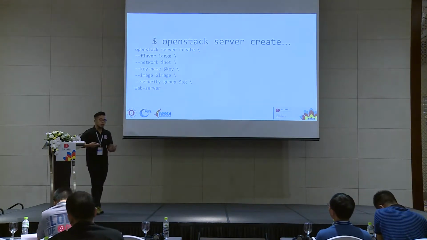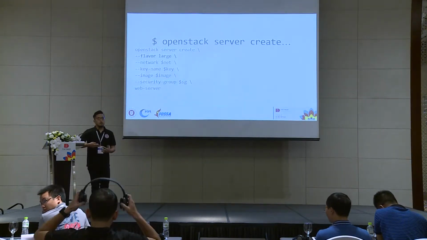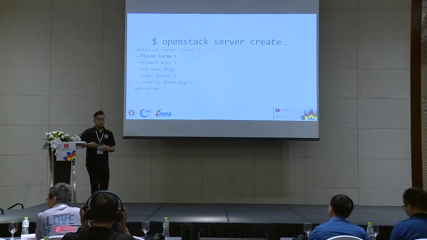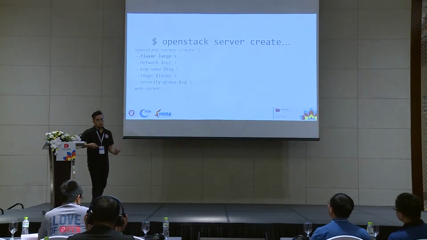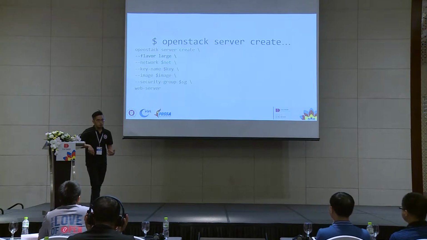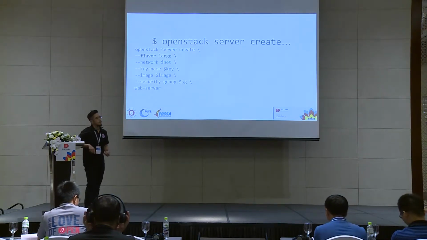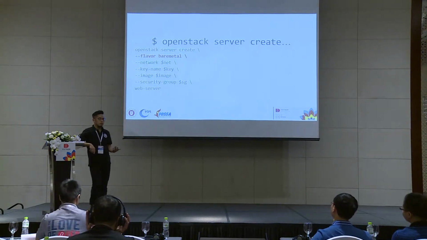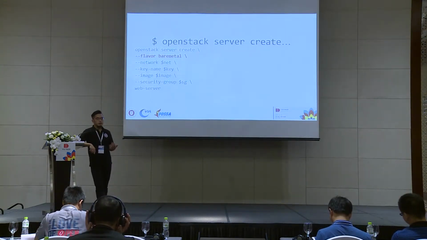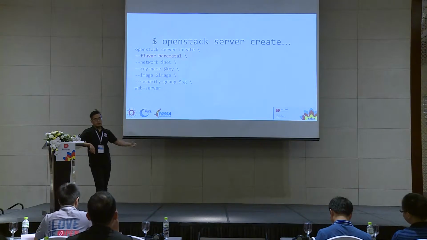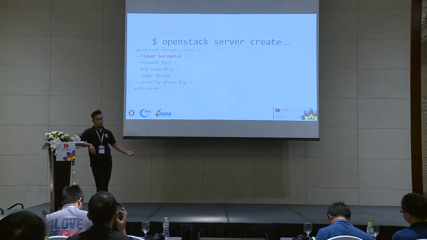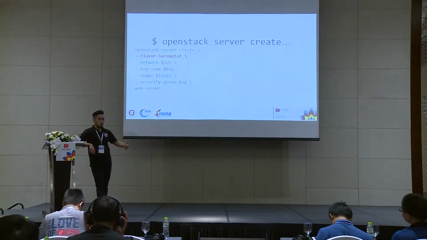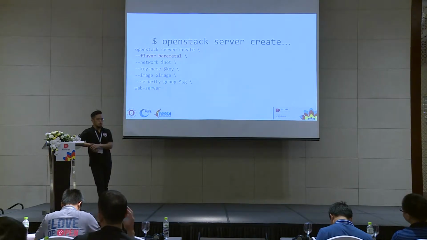It hasn't changed; it's solid. The way you create a Baremetal in OpenStack nowadays is actually not that different. You just have to change your flavor type, and the rest Nova or Ironic will deal with for you, which is very convenient.